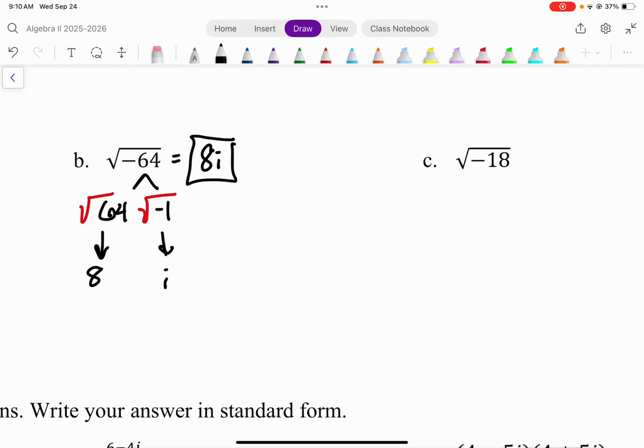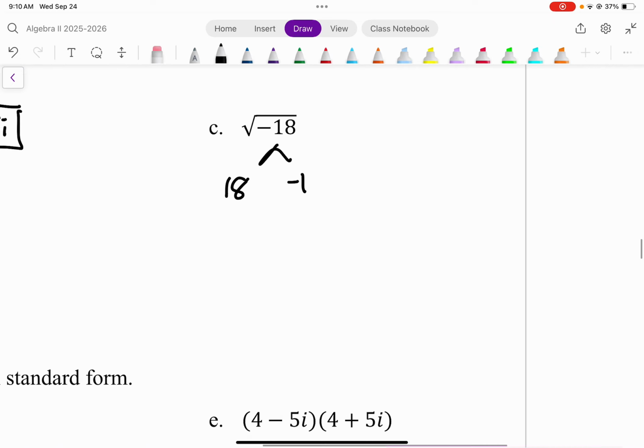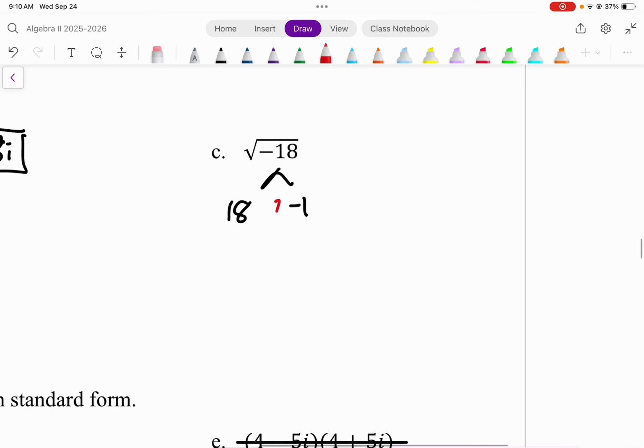Okay, our next one. The first two were perfect squares. This one we have 18 and -1. We do know that the square root of -1 is i, but 18 is not a perfect square, so we will have to do our factor tree and simplify that. Remember, when you're simplifying, you're looking for two numbers that are the same.